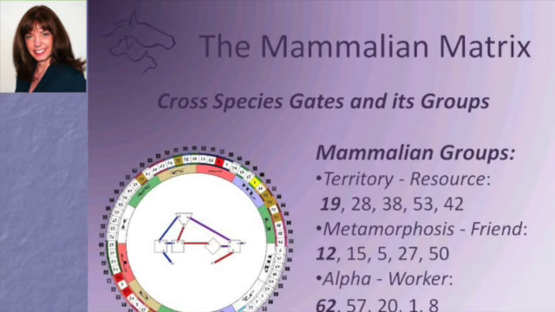It's certainly played out with my dog, but it does mean that there's a relationship here in terms of the throat center and getting things done. So we do talk about this particular mammalian group a lot more in my workshop, but you can also see that some of the keynotes for this is that they're the workers. So now we'll move to the next slide.